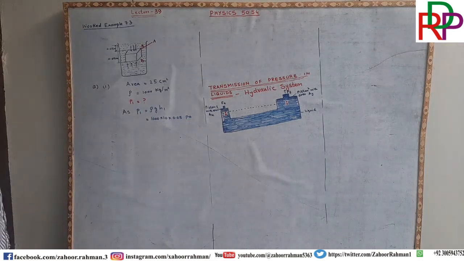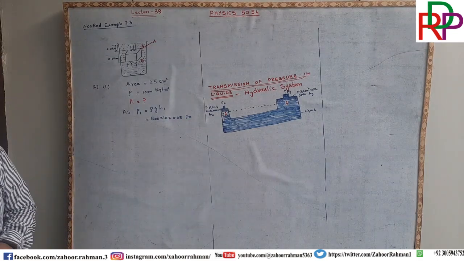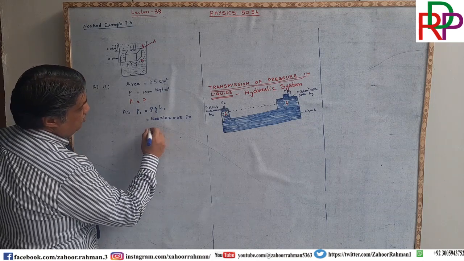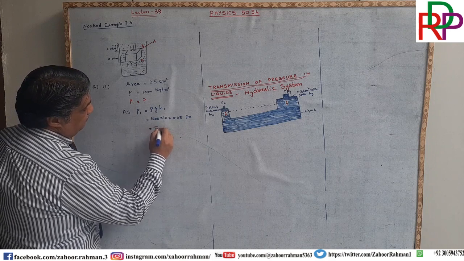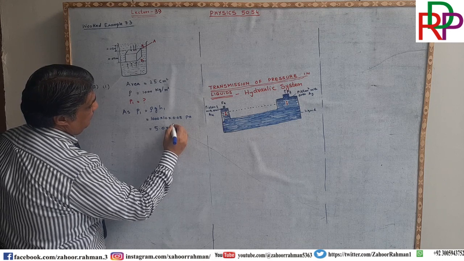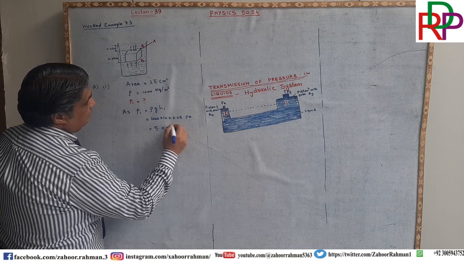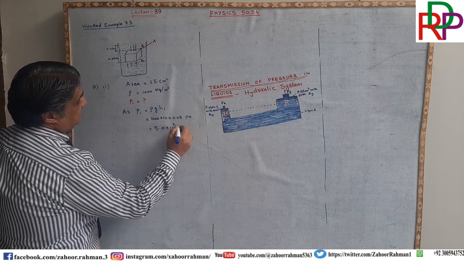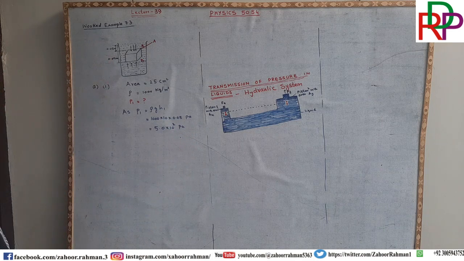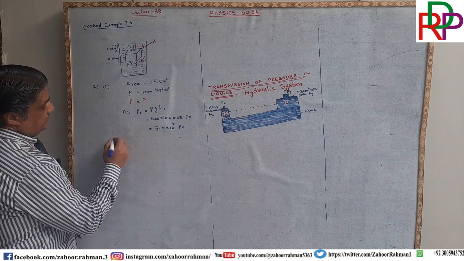So we will write it as 5.0 into 10 raised to the power 2 Pascal will be the pressure at the top surface of this rectangular block.